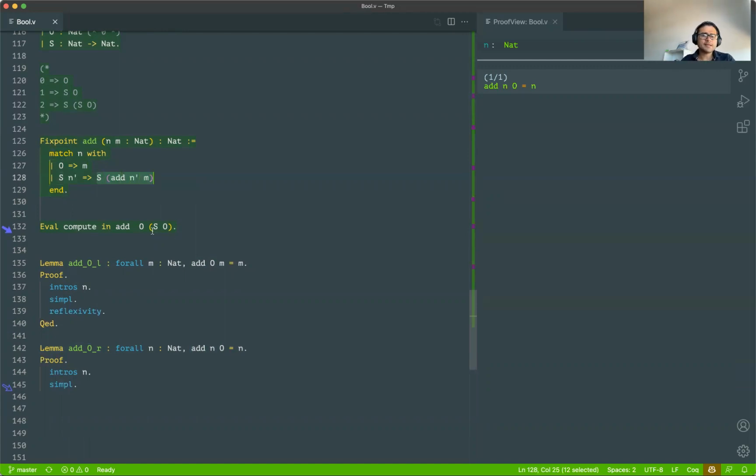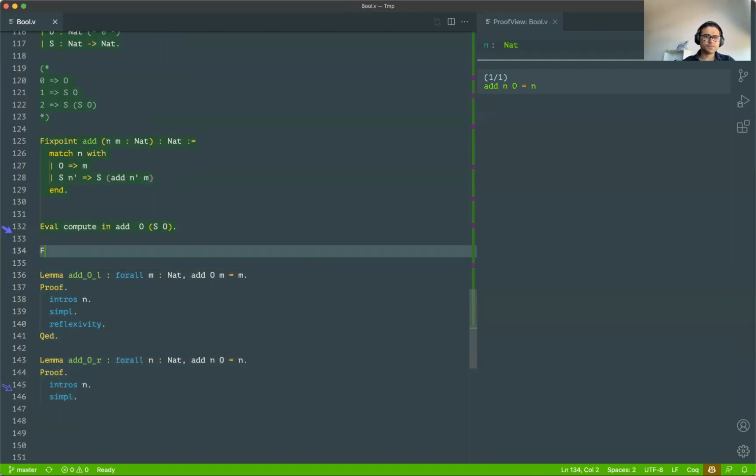Now I can write another function that is the same as add, but it does pattern matching on m. In that case, this lemma can't be proved by just simplification, while this can be. So let me do that.